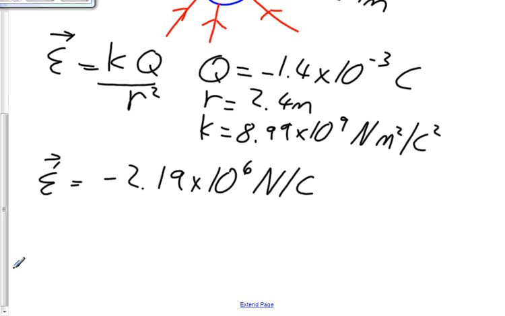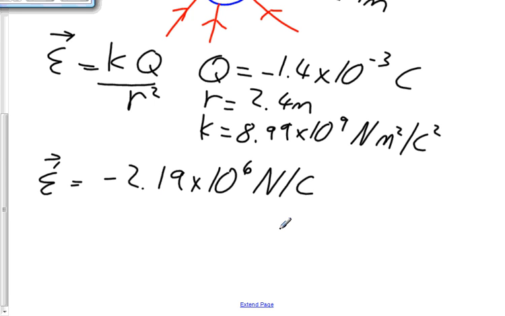This. And so let's just pause and think about what this actually represents. Just like we had before, we have a negative sign here. What that means is that if I put a test charge here, it would travel towards this object because it's a positive test charge. And we have a strength of 2.19 newtons per coulomb.